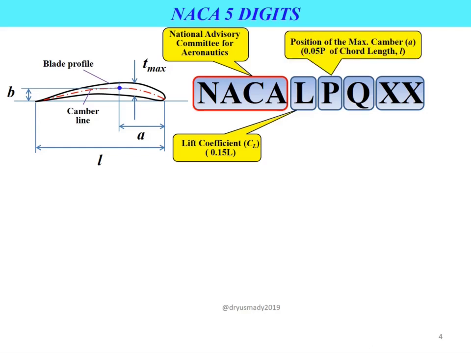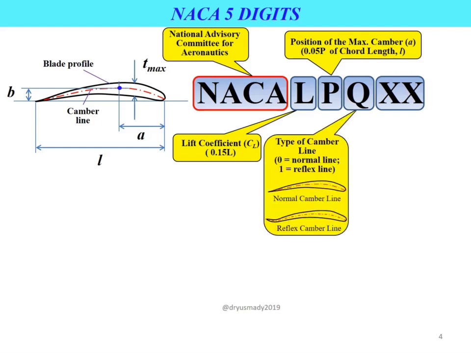The third term is the P code, where this P code value represents the position of the maximum camber A. The position of the maximum camber A can be determined by this formula, where A equals 0.05 times P code times chord length distance.